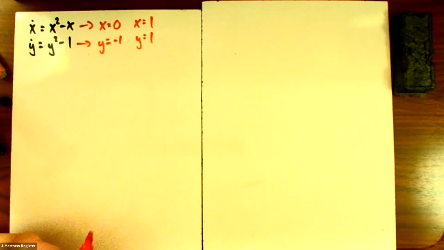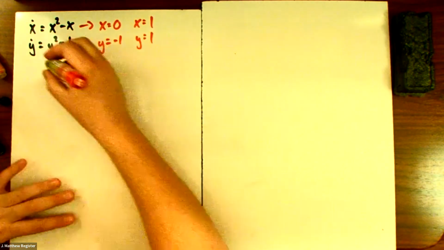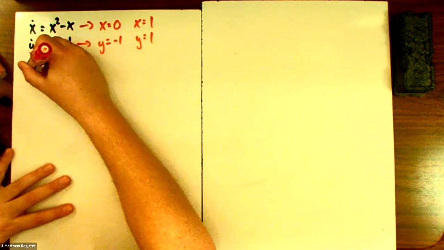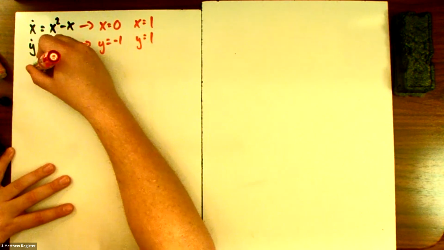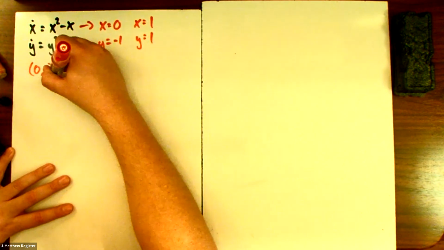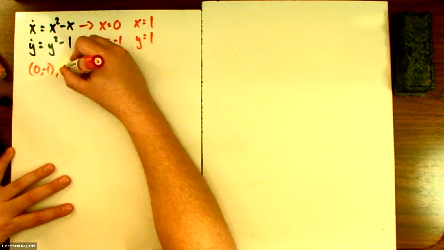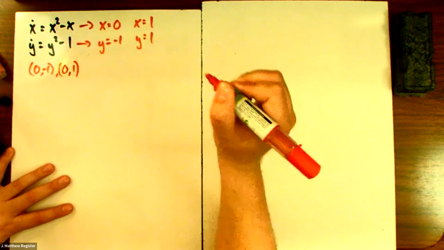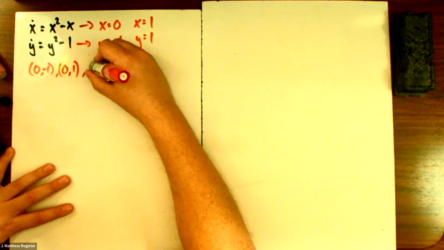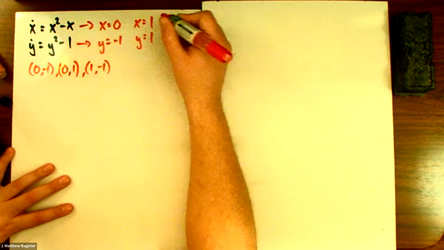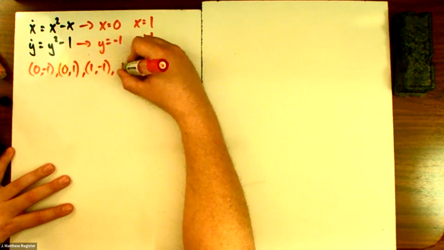That tells us that we're going to have 4 equilibrium points. We're going to have the point 0, -1. We're going to have the point 0, 1. We're going to have the point 1, -1. We're going to have the point 1, 1.